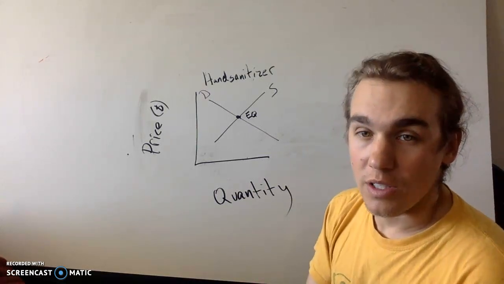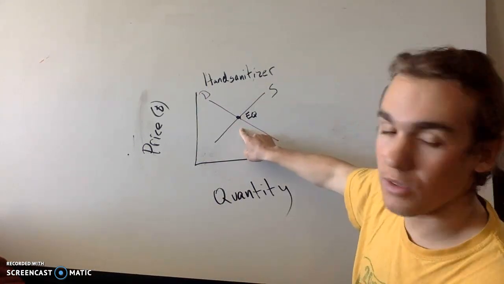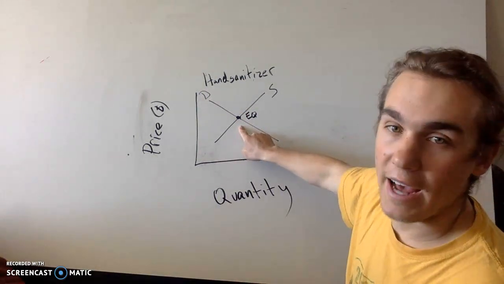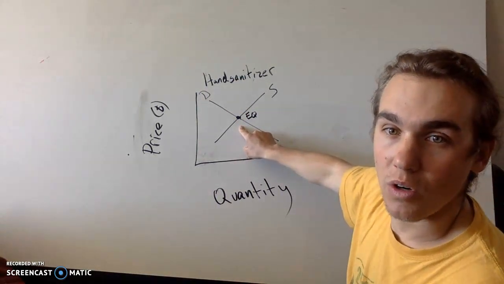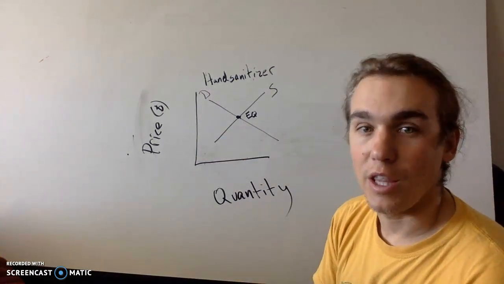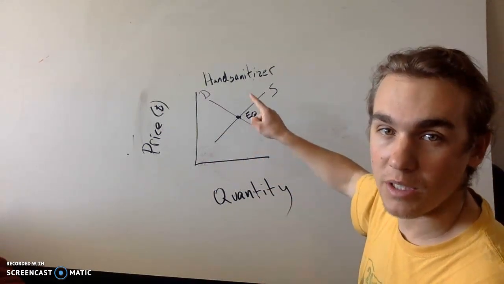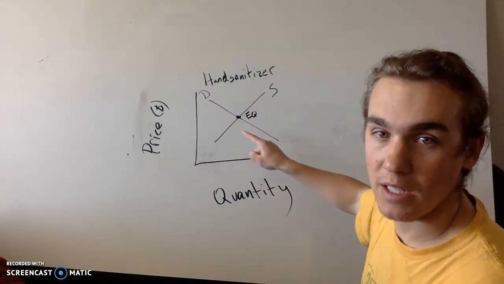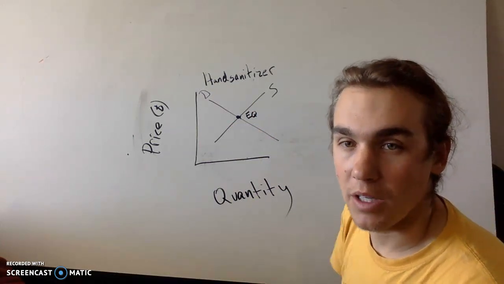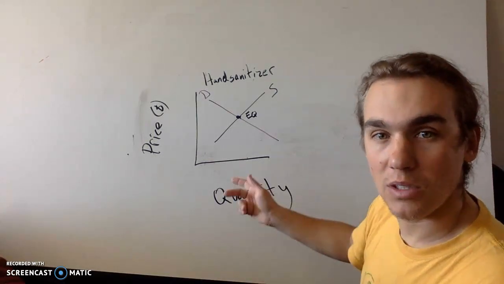In other words, producers produce the same quantity of hand sanitizers as consumers are demanding. If that's the case, then the producers sell as many items as they produce because the demand is equal to it. That's the point in general where businesses want to be. In most cases, not all cases, but in most cases, that's where businesses want to be.